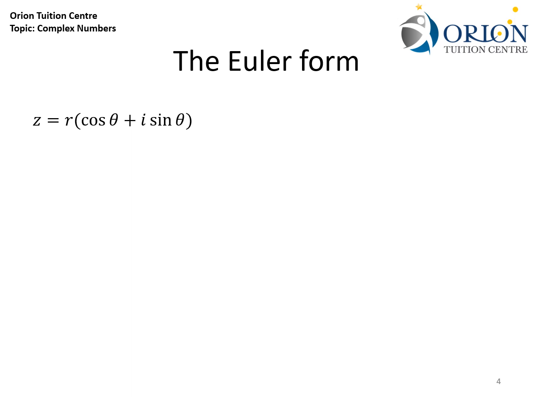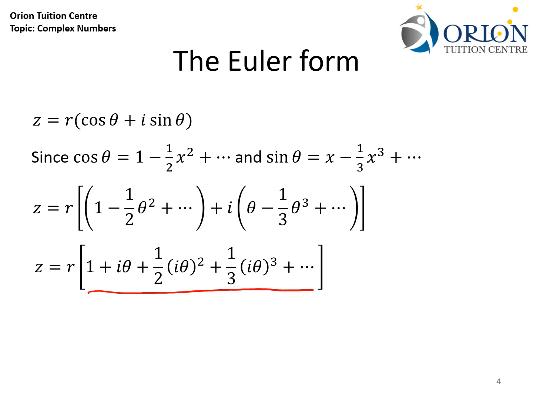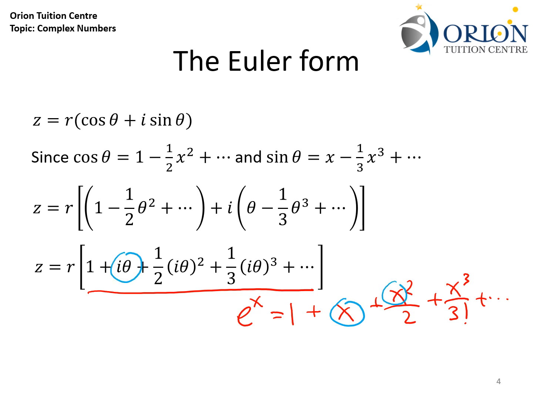We then apply the standard series expansion of cosine theta and sine theta to the polar form. And upon simplifying, we will get this expression over here. If we compare this expression within the bracket with the expansion of e to the power of x, which is 1 plus x plus x squared over 2 factorial plus x cubed over 3 factorial, and so on, we can see that they are actually equivalent if we replace the x with i theta.